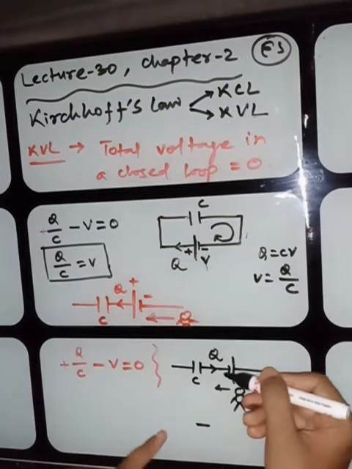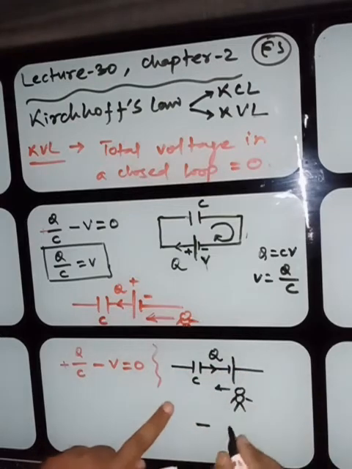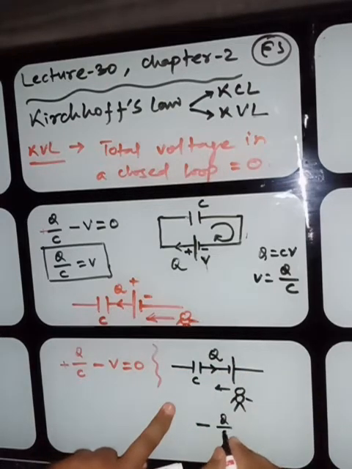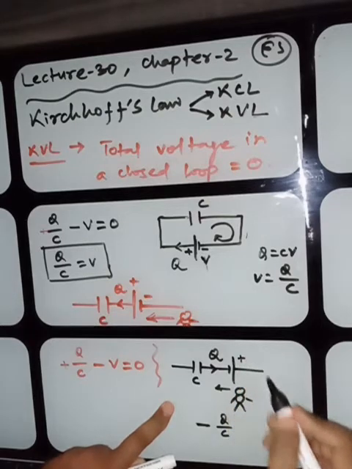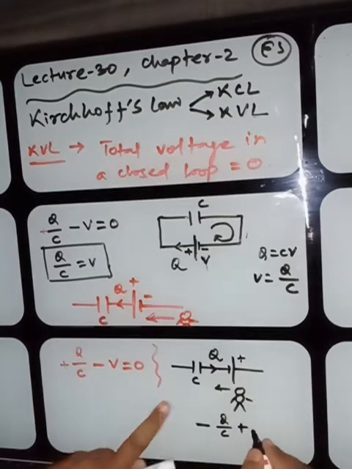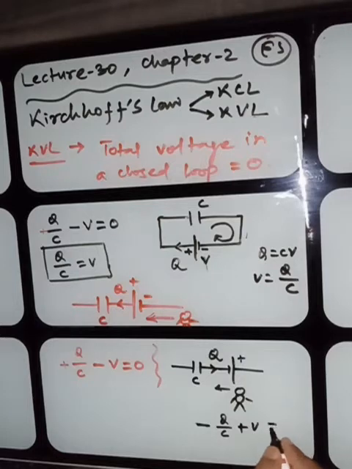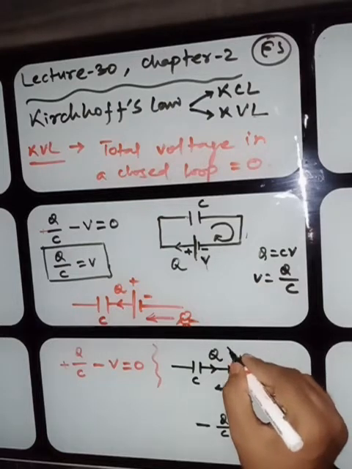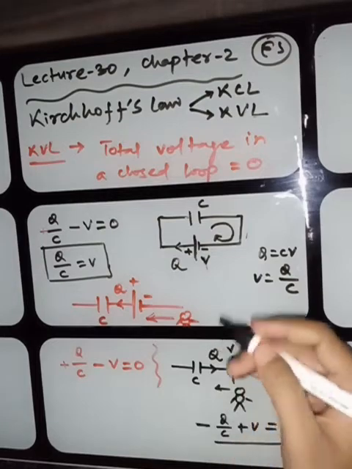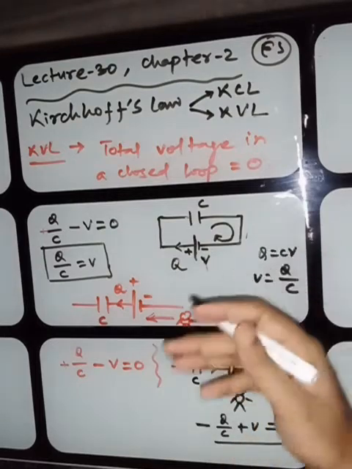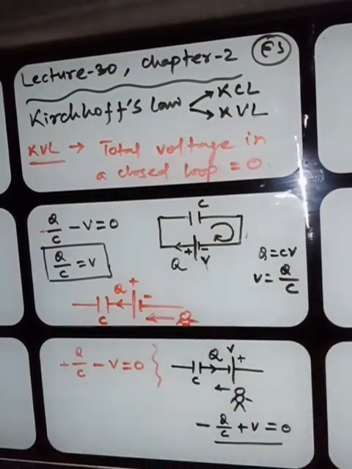We are moving opposite to the direction of charge: minus Q by C. But you meet first the positive terminal of the battery, that's why it is positive. The equation is plus V minus Q by C equals 0, where the battery voltage is V. This is the equation. I hope you understand how you have to write the terminal.